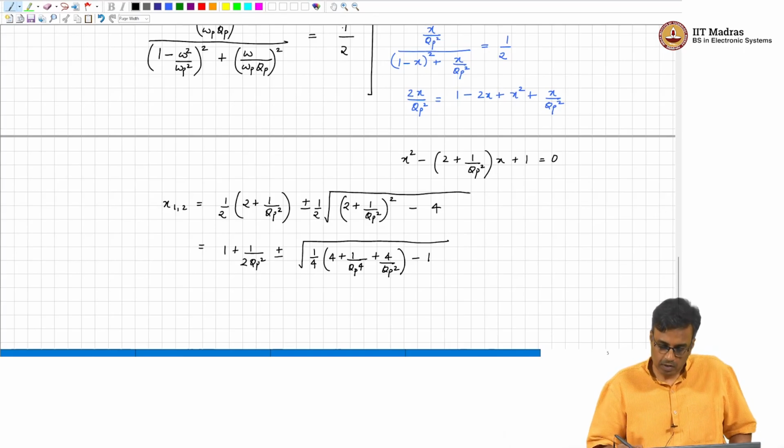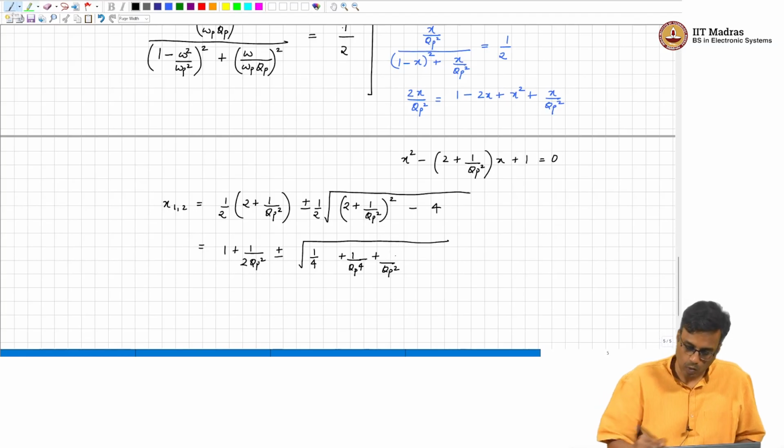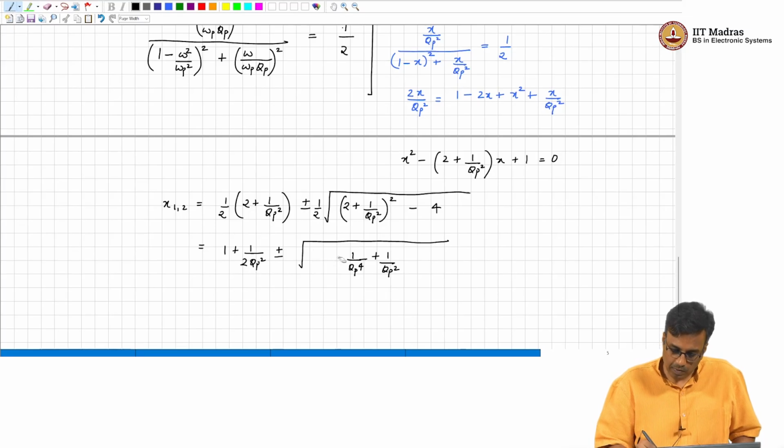So this goes away, and consequently this becomes 1 over Qp square plus 1 over 4 Qp to the power 4.